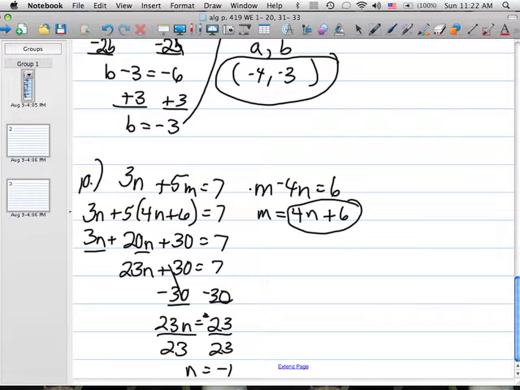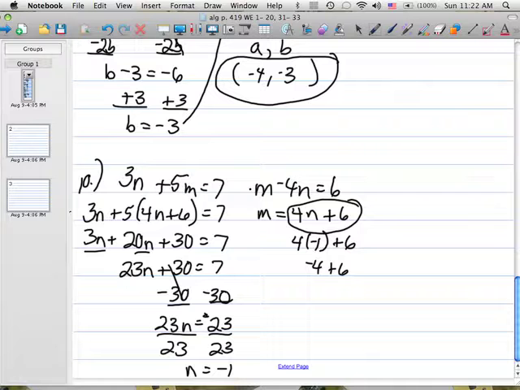Substituting negative 1 back in here, we get 4 times negative 1 plus 6. That's negative 4 plus 6, so m is 2. And our ordered pair is m, n, so 2, negative 1.